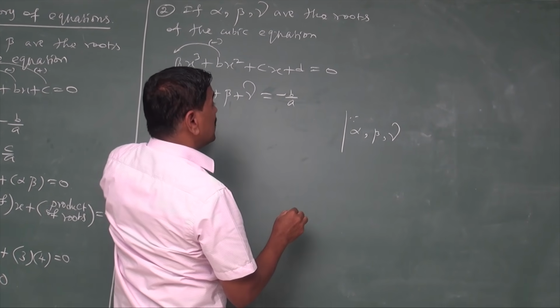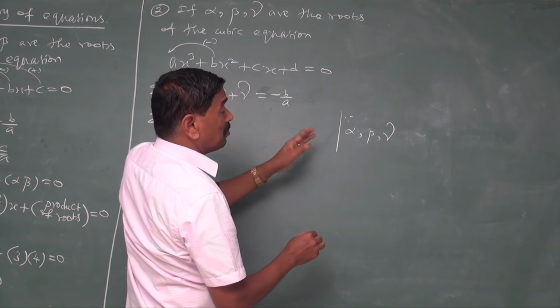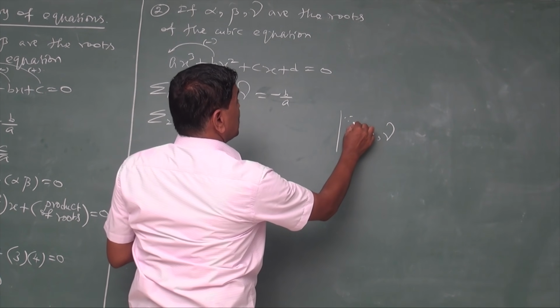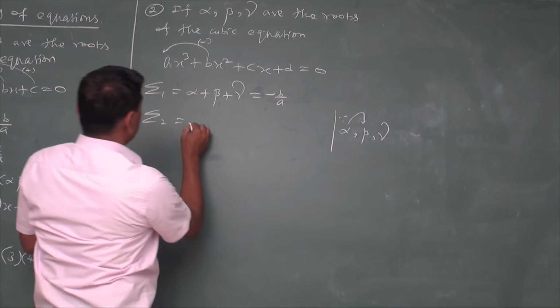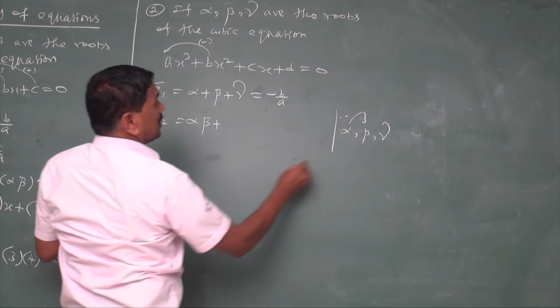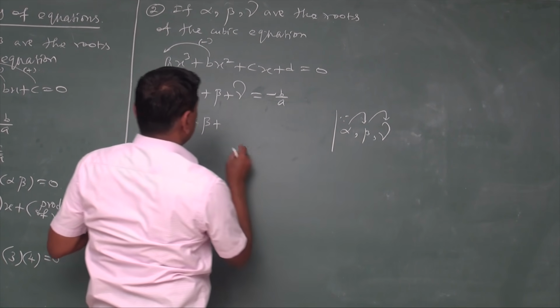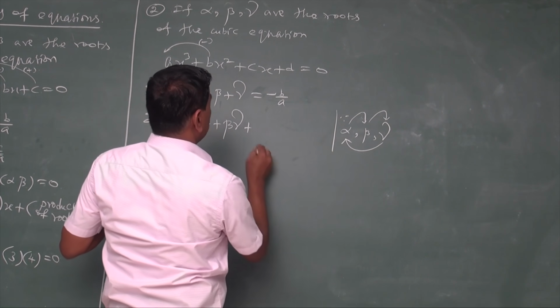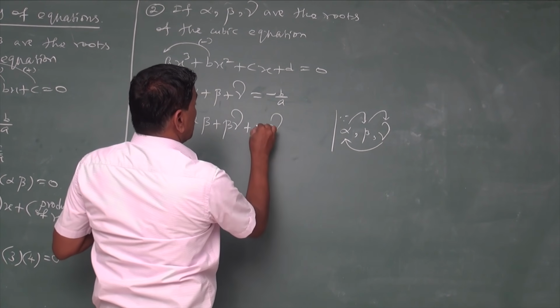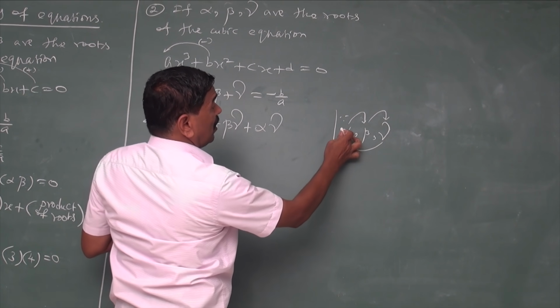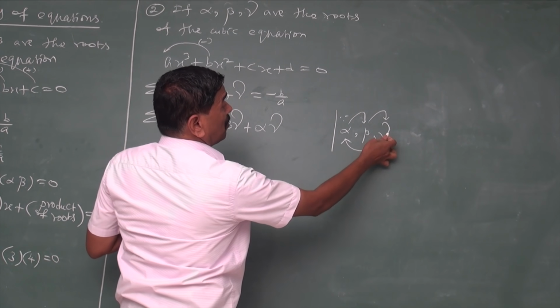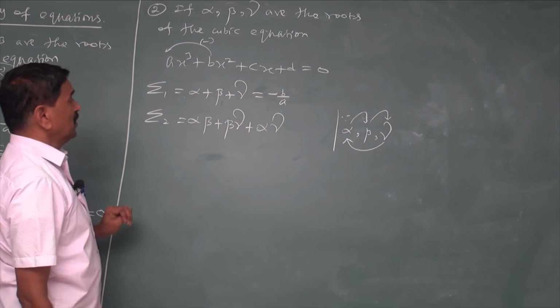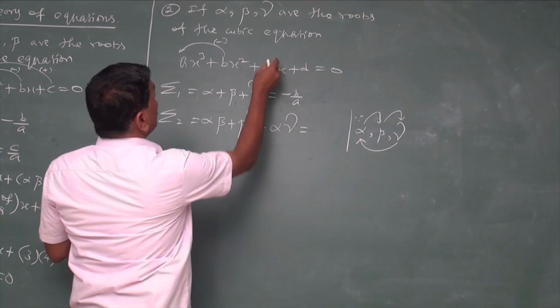Now sigma 2 means sum of the product of the roots taken 2 at a time, which means alpha beta plus beta gamma plus gamma alpha. So listen, it is of the form cyclic order, alpha to beta, beta to gamma, gamma to alpha, that's all, which is equal to c by a.